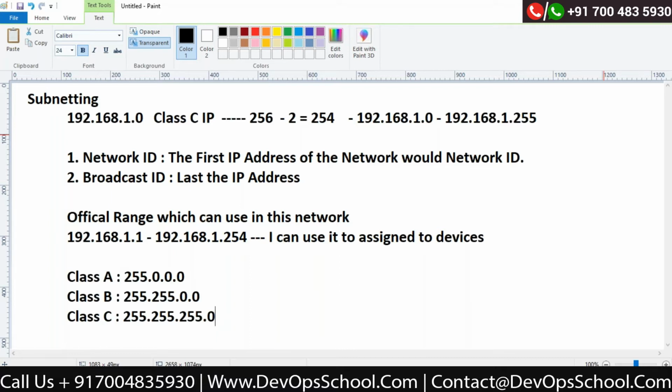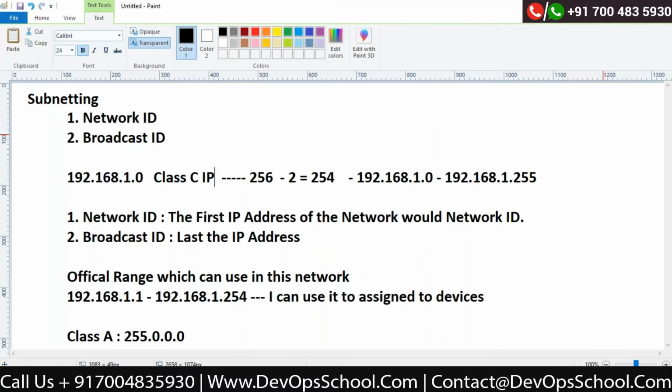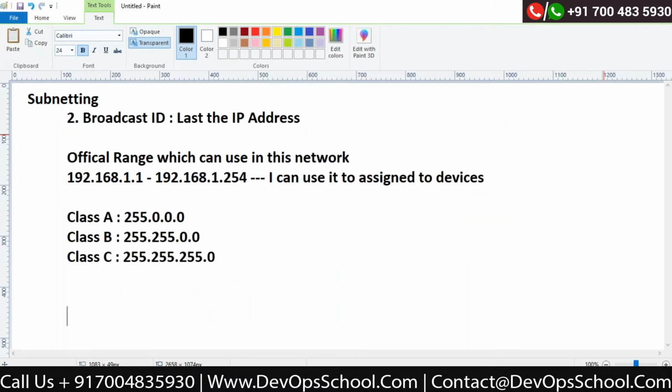So whatever the class of the IP address, the network ID and broadcast ID concept is the same. There is no change in this concept at all.